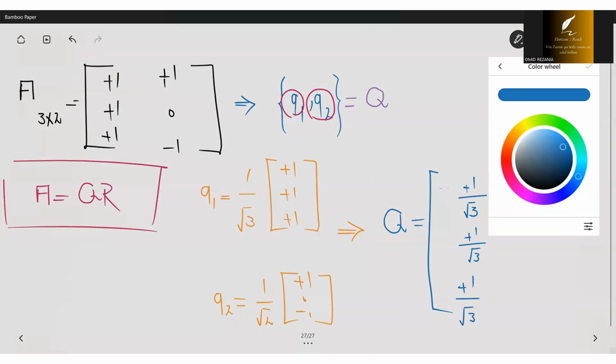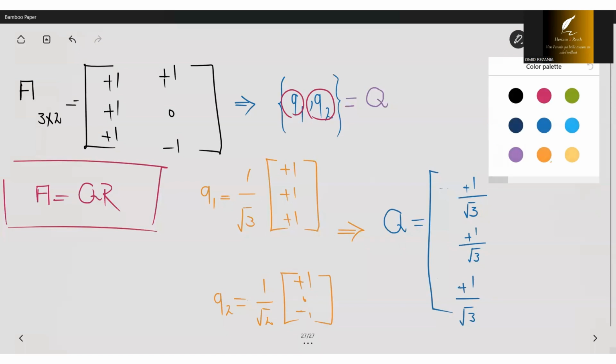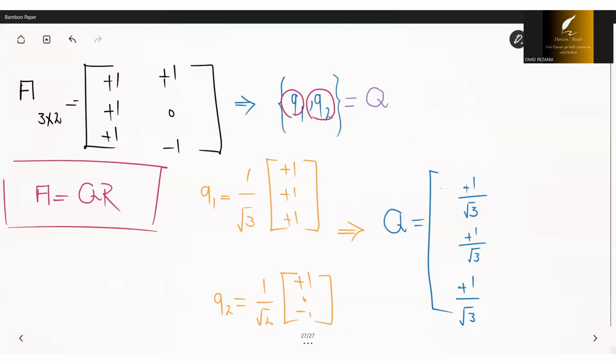Now I'm just going to go to the second column. The second column comes from where? The second column is essentially Q2, which corresponds to the A2 I had here. Then I just put it there. I expand 1 over the square root of 2 inside this, and it becomes +1 over the square root of 2, 0, and -1 over the square root of 2. Exactly.